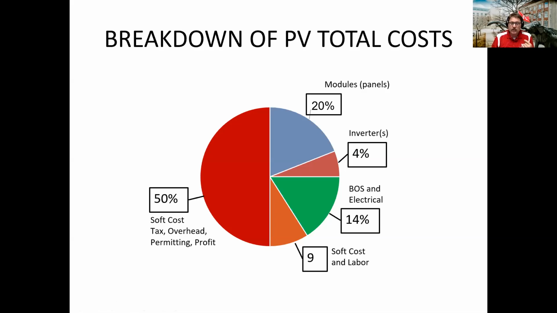And 50% is going to be the labor, the tax, the overhead, the profit. I think the permitting got on the wrong line as well. But 50% is basically the installation of that system.